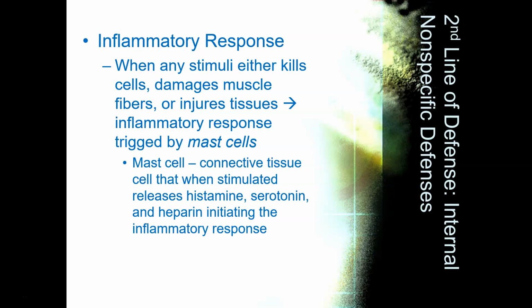When these mast cells are triggered by any sort of cellular injury, they're going to release histamine, serotonin, and heparin. And those three molecules really are responsible for the characteristic symptoms we think of when we think of inflammation, the redness, the pain, the heat.